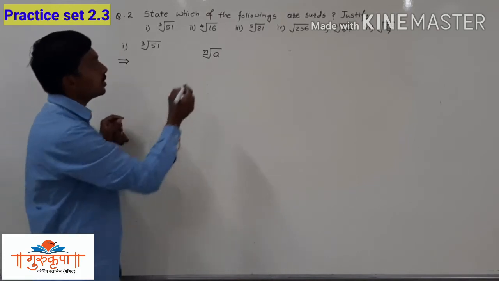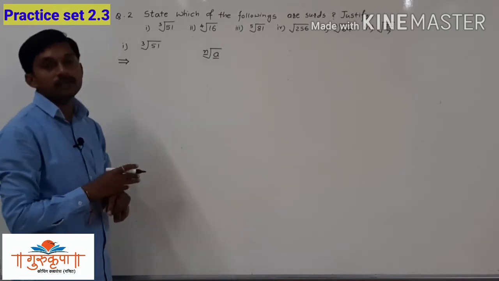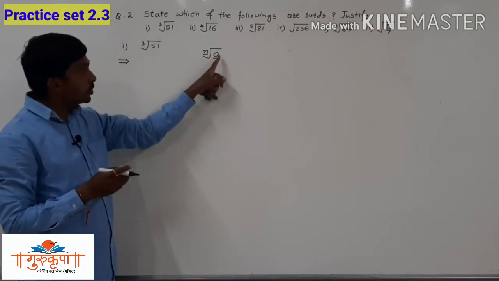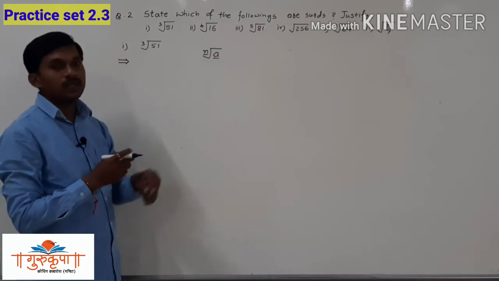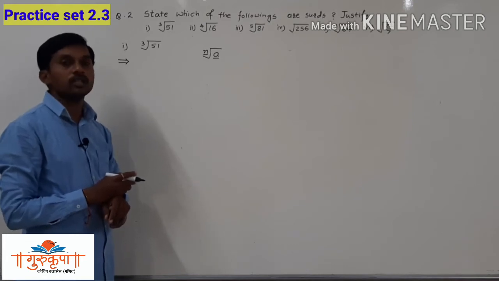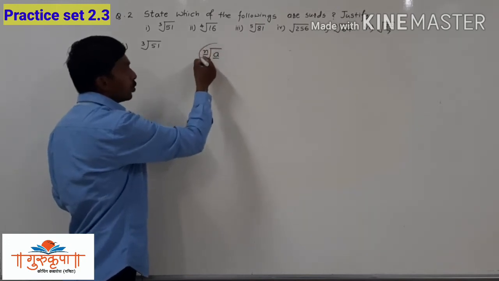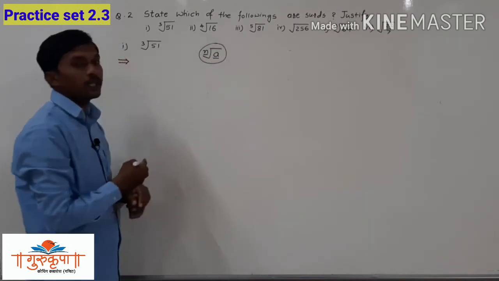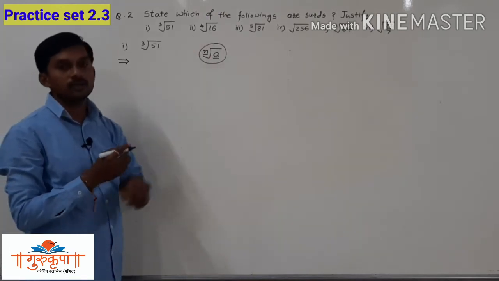Then the second thing, this a, which is called the radicand, should be a positive rational number. And the third and last thing, all together this whole number, nth root a, should be irrational.